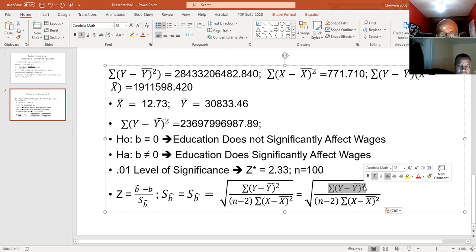Summation y minus y hat squared. Where do we have it? Right here. So we're going to take that.